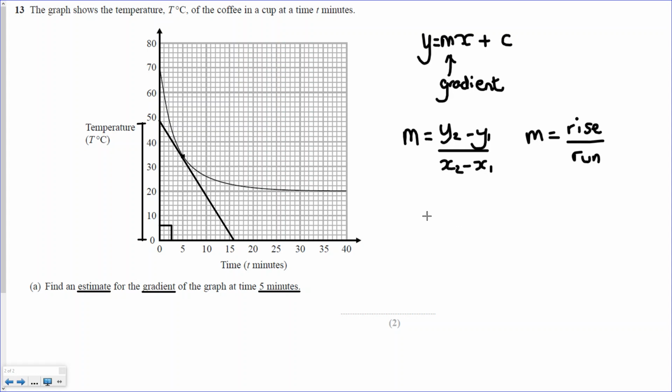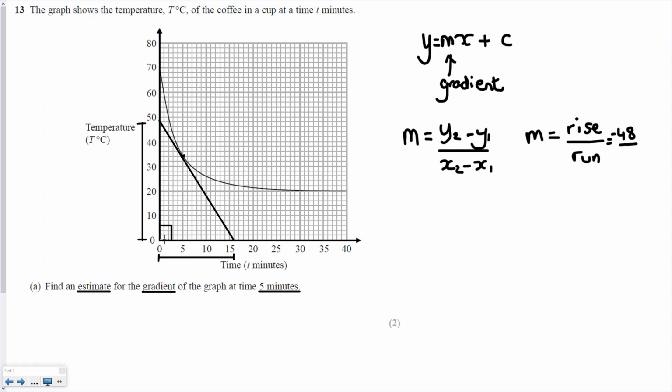So I'll replace the rise with 48. Now it's decreasing. This line is sloping downwards, so it's going to be minus 48 for the gradient, and I'm going to divide that by the run. The run is going to be this length here, or the base of the triangle.